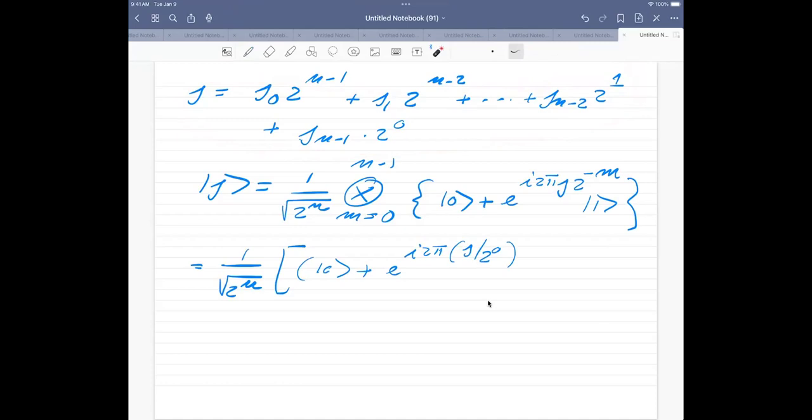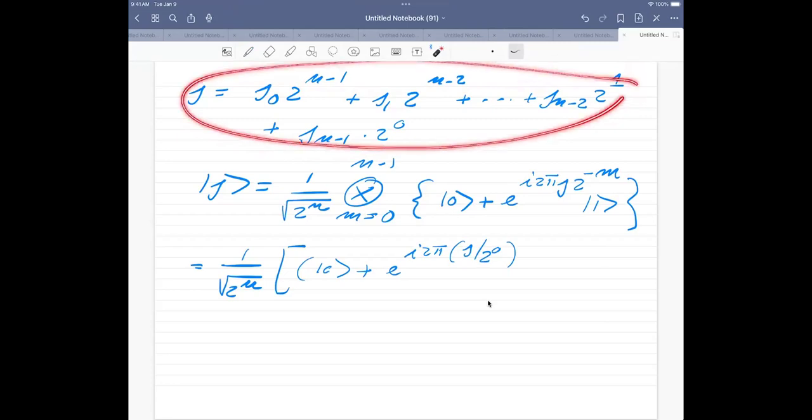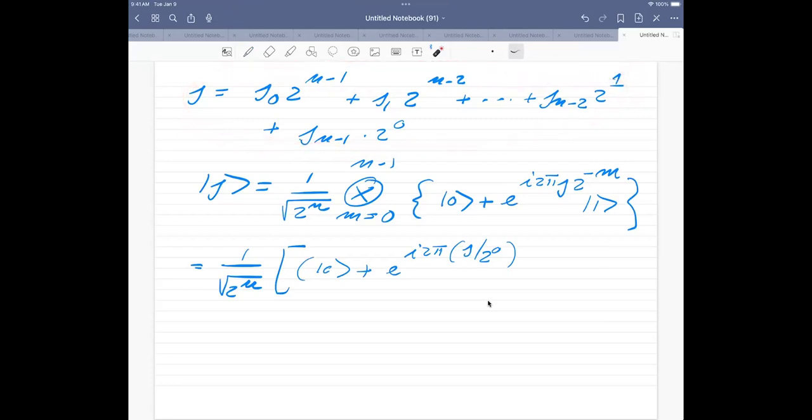And you will see that in just a few moments why we change from this integer representation to a floating point binary representation.